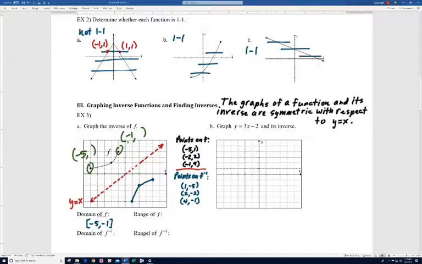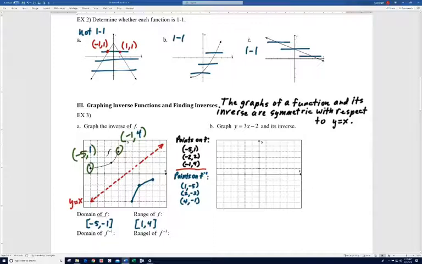Now for the range, we're going to go from the lowest point to the highest point, and they're actually the same points. And so at our lowest point, we're at 1. And our highest point, we're at 4. And so our range will go from 1 to 4.